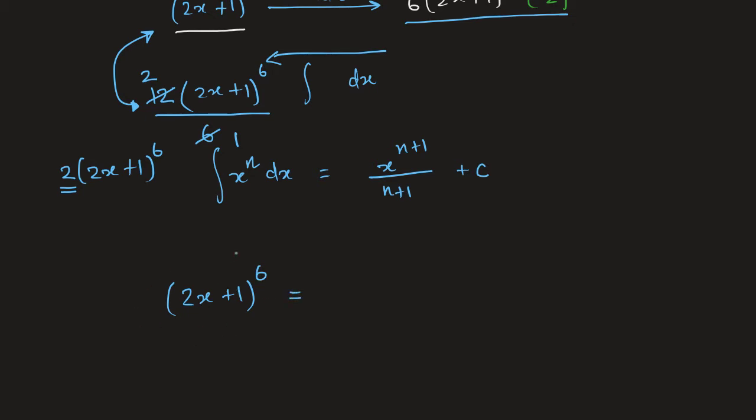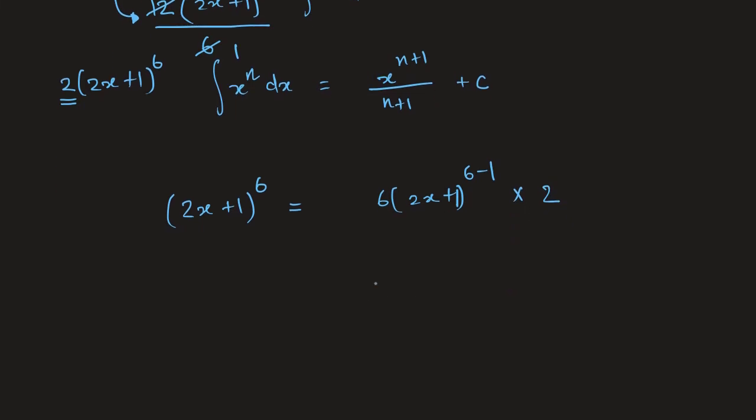We differentiated the outer part, that is 6 (2x + 1) to the power 6 minus 1. Then we applied the chain rule and differentiated the inside function, and multiplied it by 2.